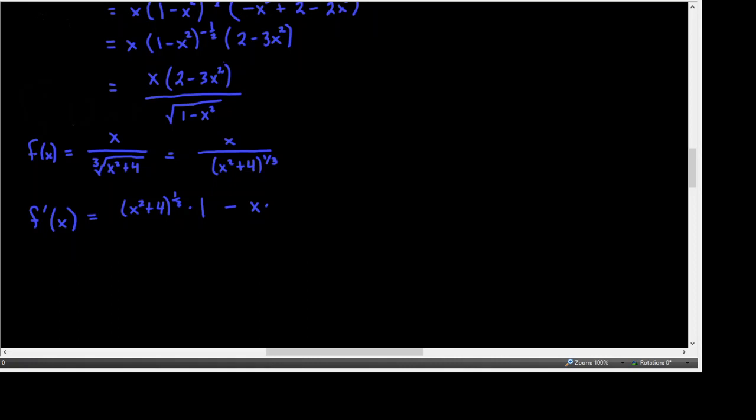The derivative of the denominator function will be, because it's something to the 1/3, that'll be 1/3 times that something to the reduced by 1 power, so negative 2/3, times the derivative of that something. That's the chain rule kicking in. That times 2x right there. That's the chain rule part. All over the square of low.